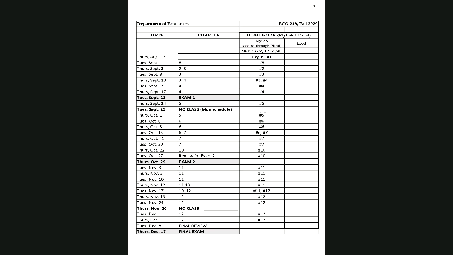It's as if you're sitting in the classroom with an open book, right? Because you have access to all the previous homeworks, all the slides, the notes. So you can do all this on MyLab. You have a set amount of time, so you really have to study for the exam, because if you waste time looking for the question, you won't have enough time to complete the exam.